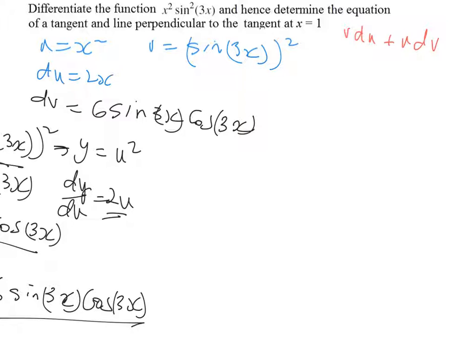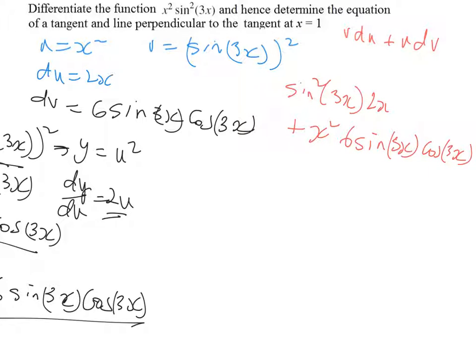Now, like I said, we're going to substitute. So we're going to put v, which is sine squared 3x, times du, which is 2x. And we're going to say plus u, which is x squared, times dv, which is 6 sine 3x cos 3x. Okay, so that's what we've ended up with.